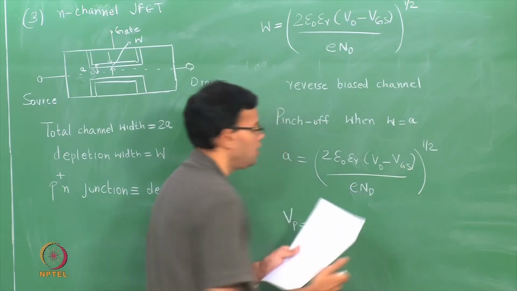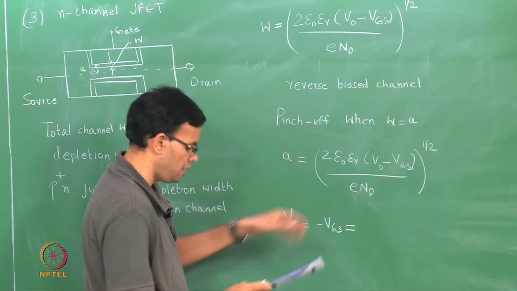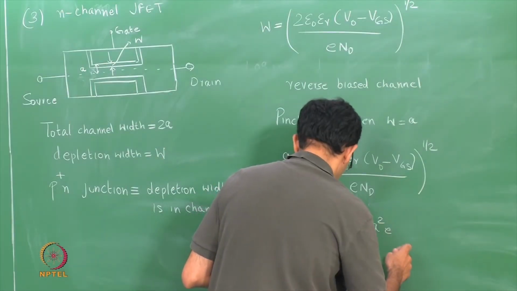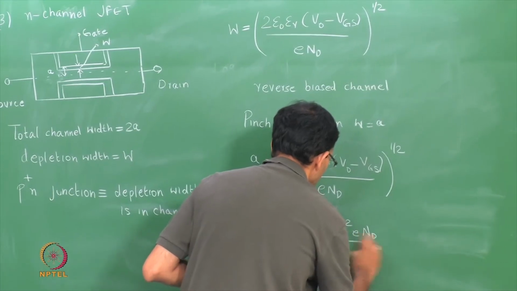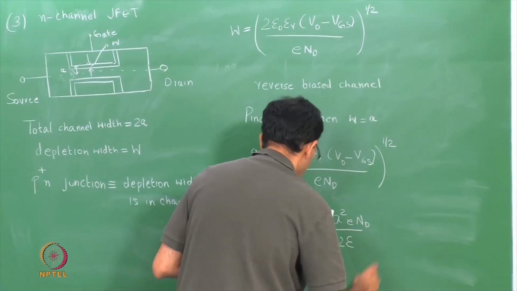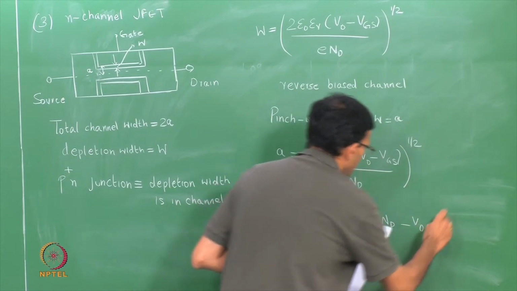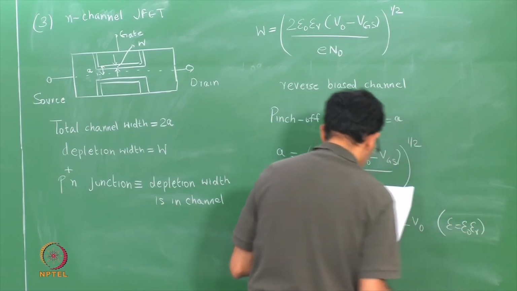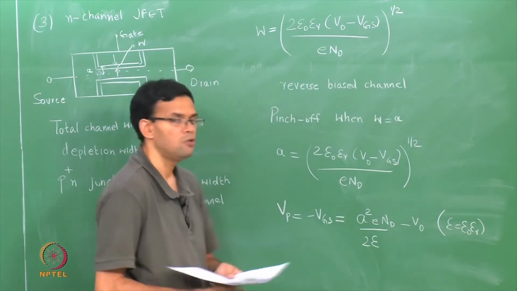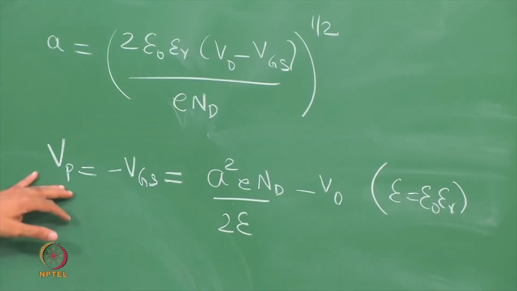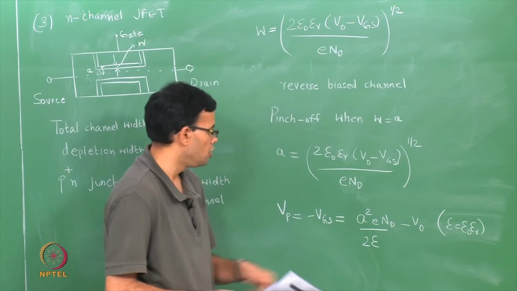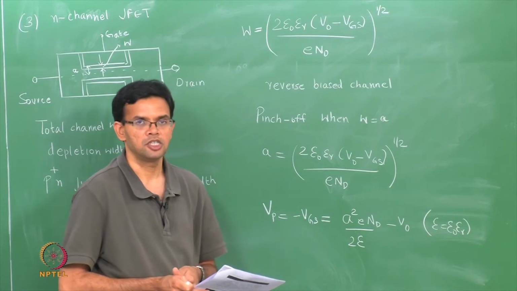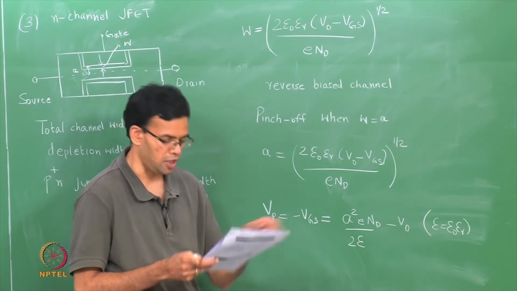So, all I am doing is taking this expression and rearranging, is equal to A square E N d by 2 epsilon minus V naught, where epsilon is nothing but epsilon naught and epsilon r. So, we can do a simple calculation that relates your pinch off voltage to both the width of the channel and also the concentration of the dopants in the n channel.